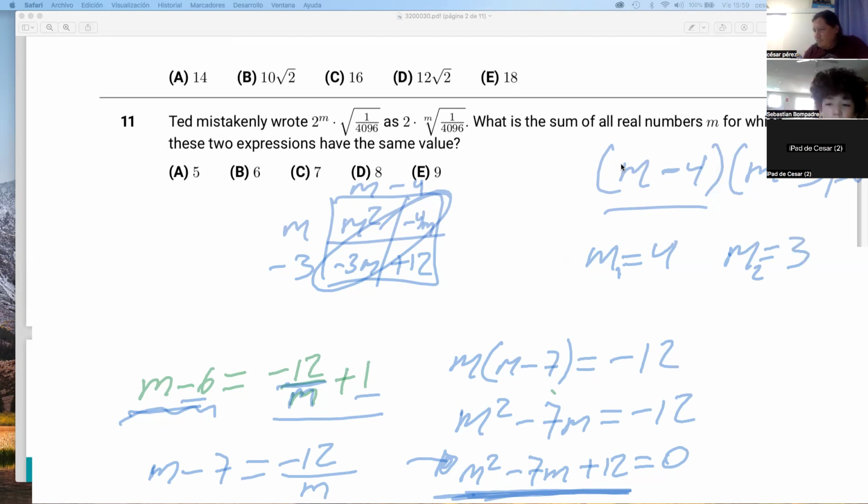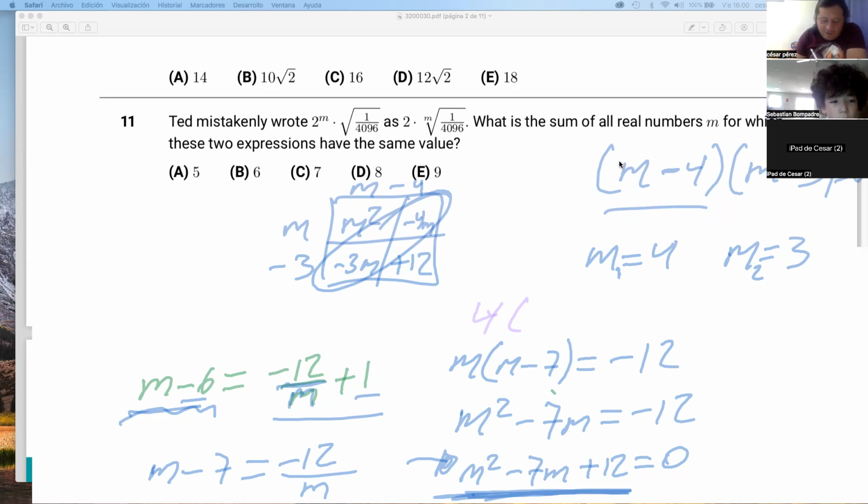We can see if we use 4 here, 4 multiplied by 4. Let me see, my iPad is turning off.